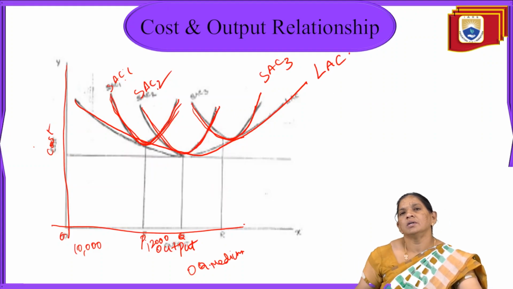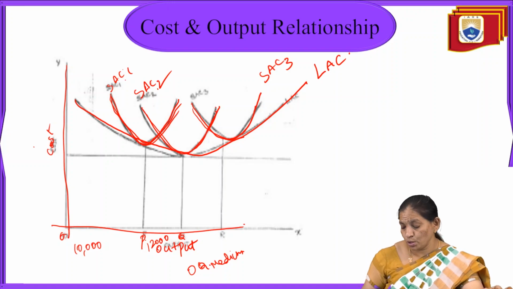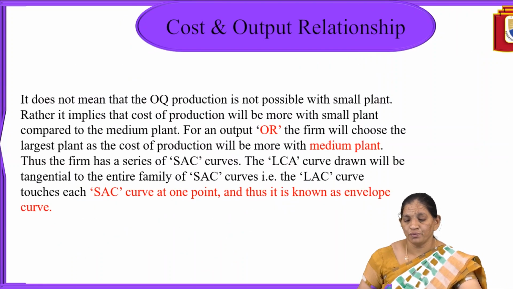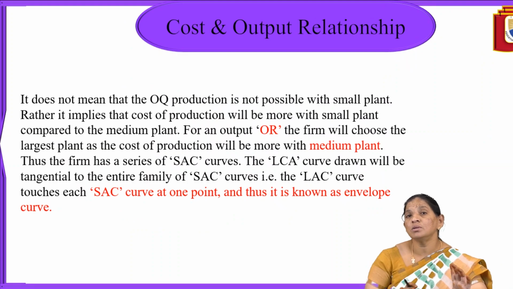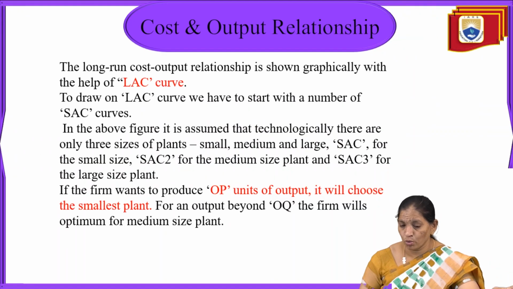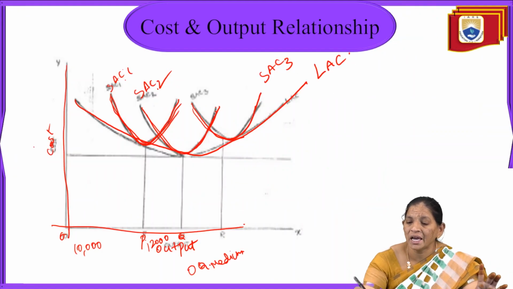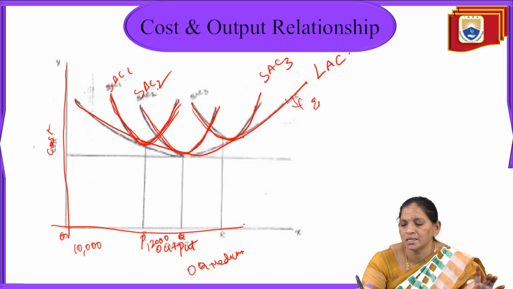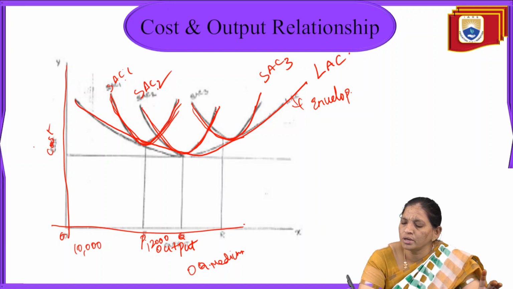Short run cost curves 2 and 3 also come under the medium. So this long run curve is what we call an envelope curve.